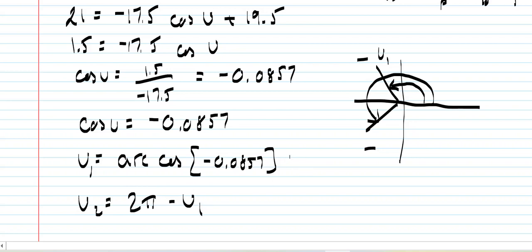So u sub 1, the arc cosine of that ends up being 1.656. 2 pi minus u sub 1 is going to end up being 4.626.